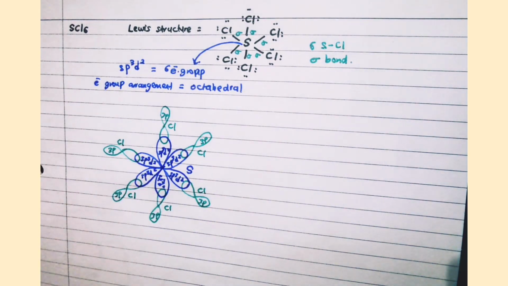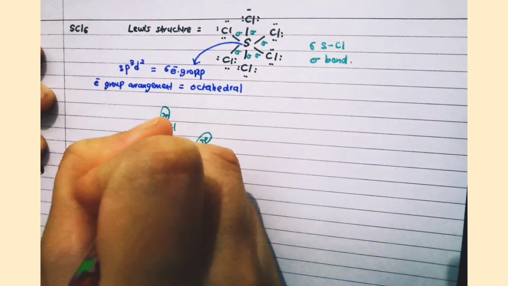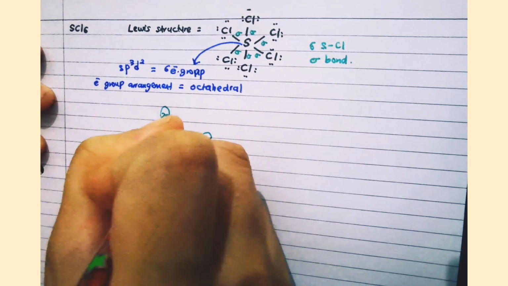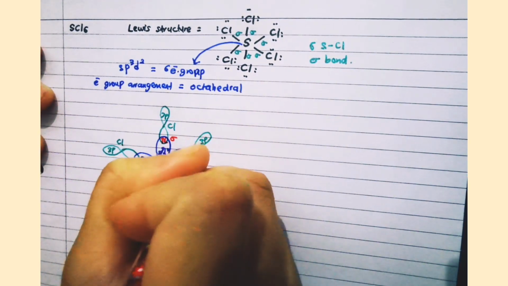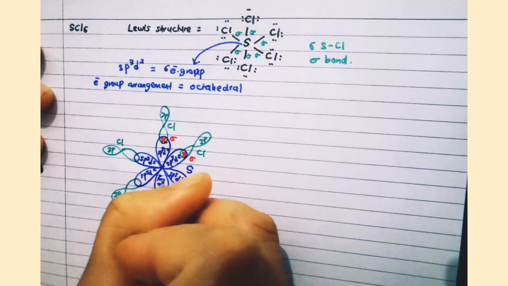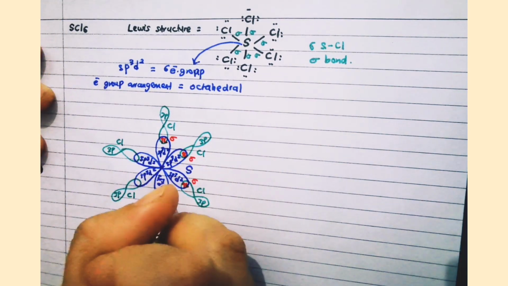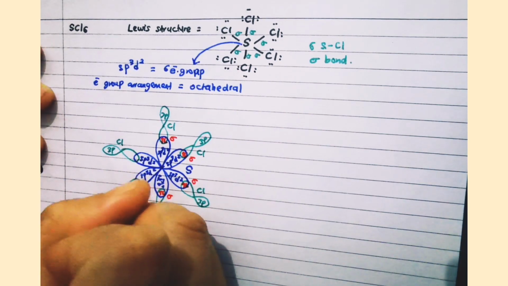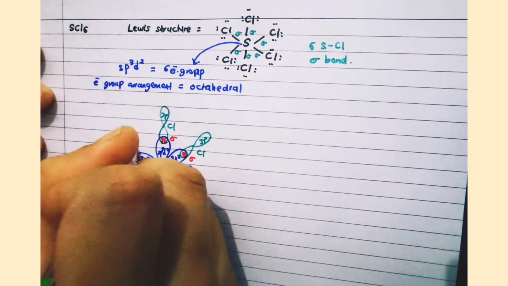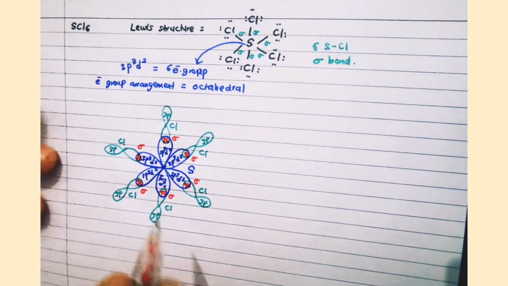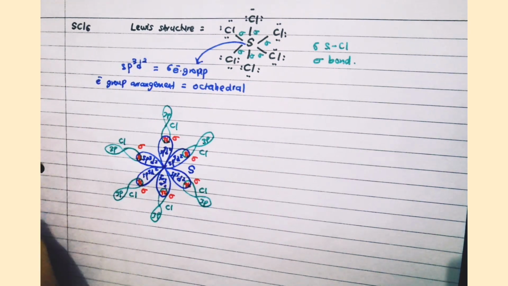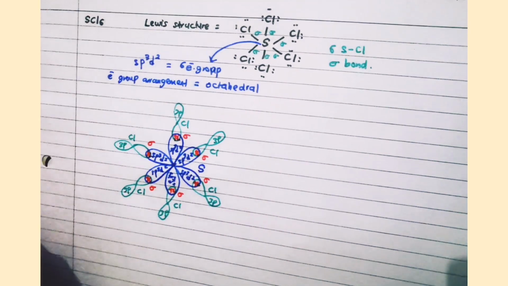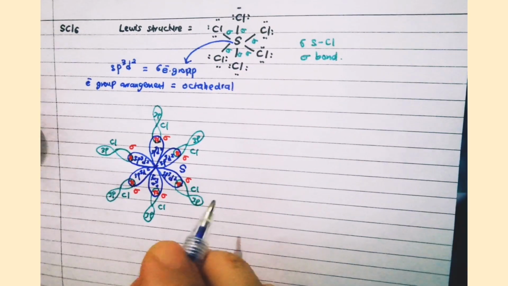Next we will show the electron. The electron is at the overlapping here. So this is the orbital overlapping diagram of SCl6.